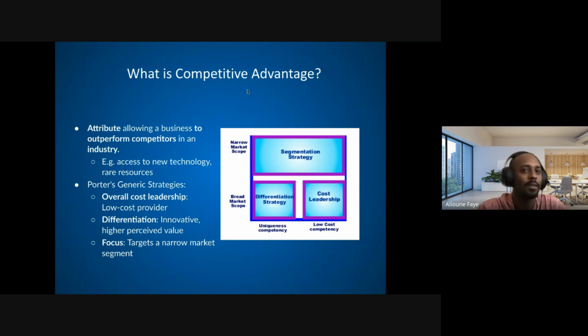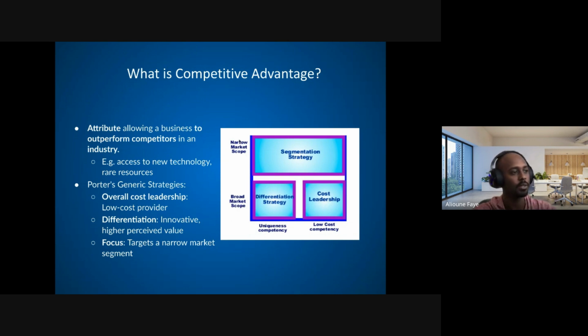So, competitive advantage. The book shows you this diagram. I'll quickly explain it if you don't quite understand. I like to see this as two axes. From bottom to top is your scope, which the book calls strategic scope. If your strategic scope is narrow, you're competing in a small market.